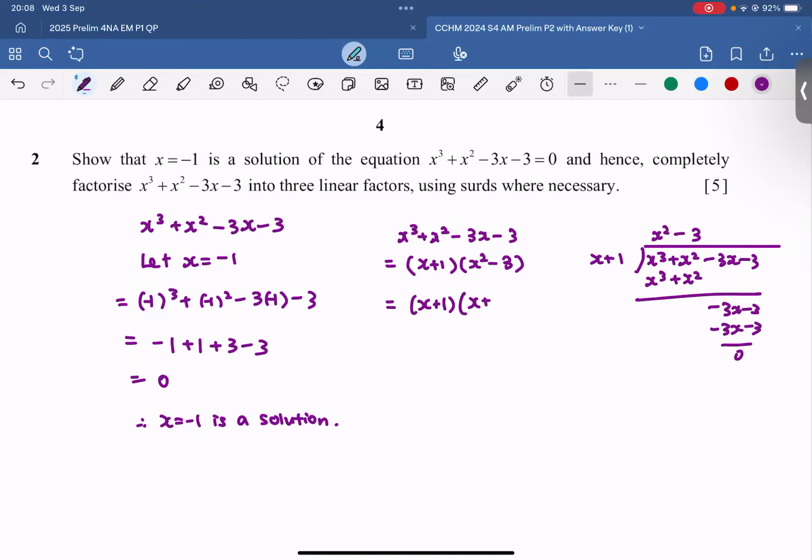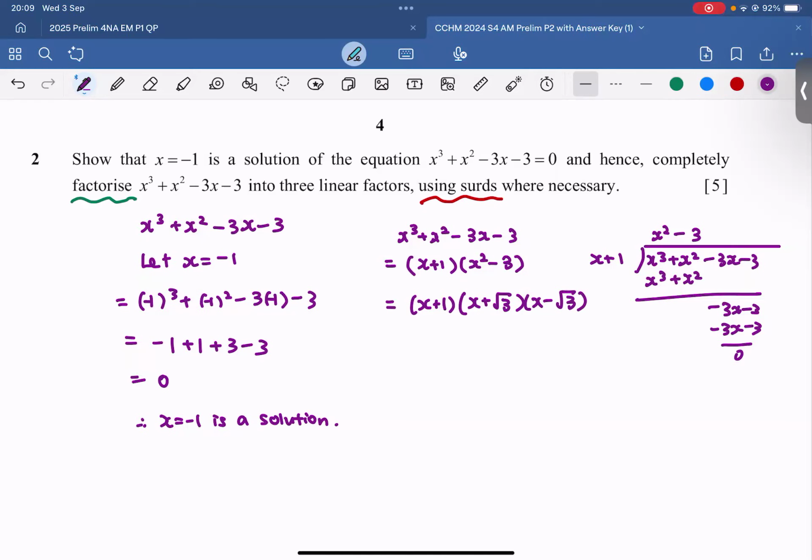So it's just a plus square root 3, a minus square root 3. The question also gives you clues such that they are using surds where necessary. So instead of writing 3, now it becomes square root 3 and minus square root 3. So that's all. Never equals 0. You are not supposed to solve for x. The question specifically said factorize this, not solve that.